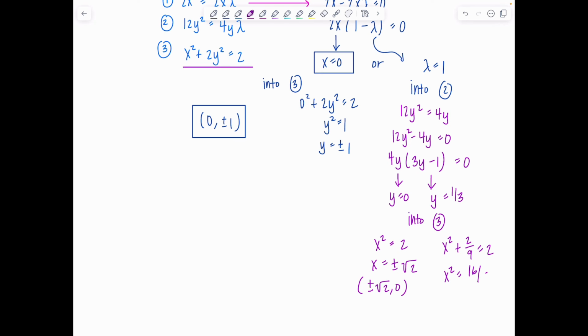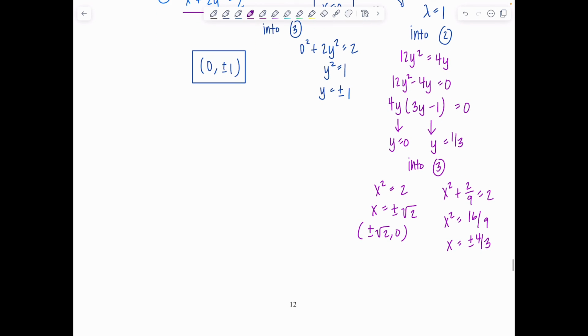So x squared is 16/9. x can be plus or minus 4/3. That came from y equaling 1/3. So x is plus or minus 4/3 if y is 1/3. So I have to substitute 1, 2, 3, 4, 5, 6 different points into my function to determine what my absolute max and min are.